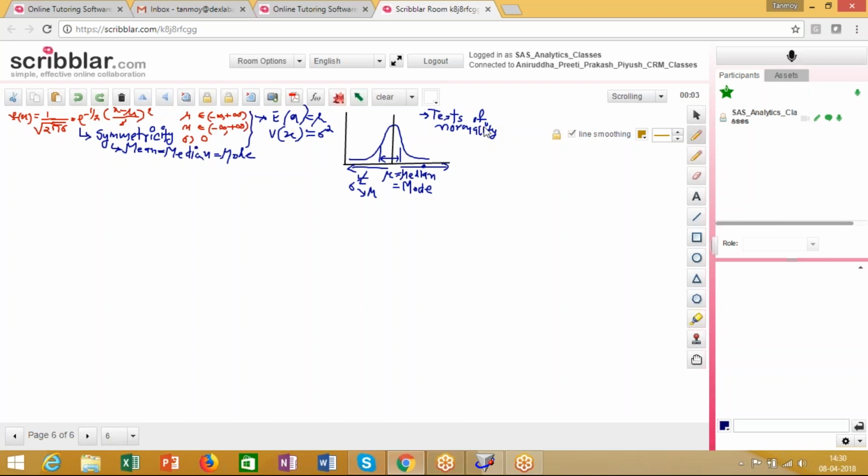And on the continuous side, we discussed a couple of very simple distributions like the rectangular, the uniform distribution, and finally the normal distribution. Right. So these are some of the basic distributions that we have talked about.